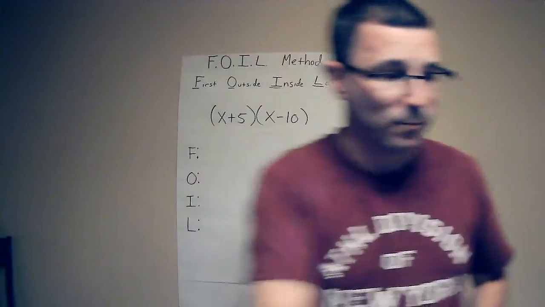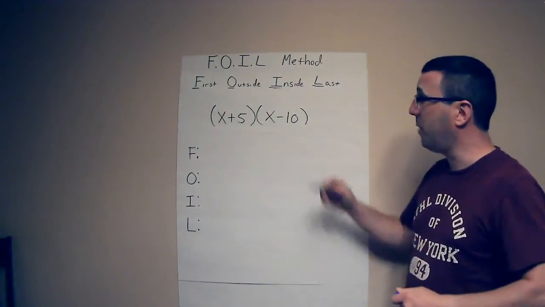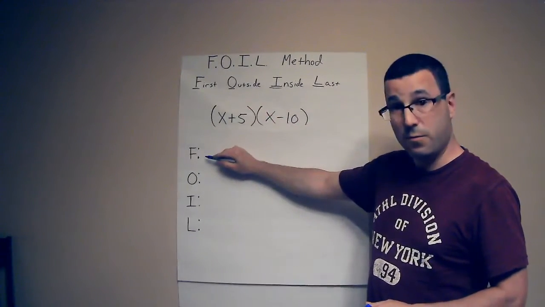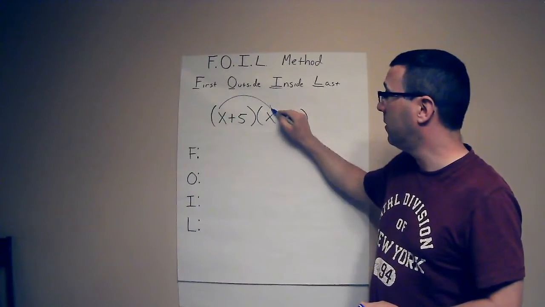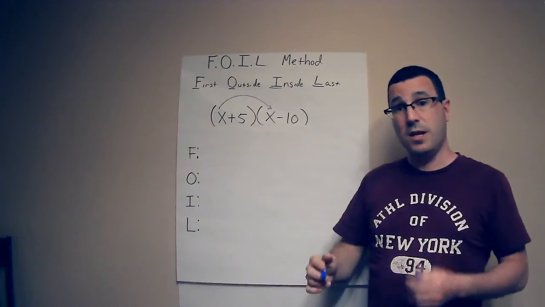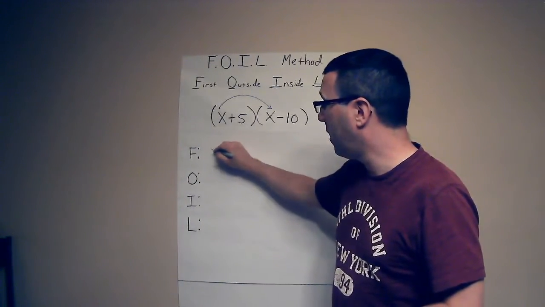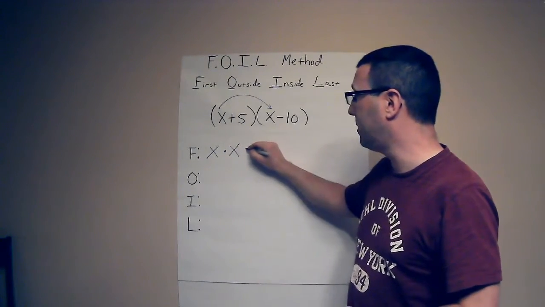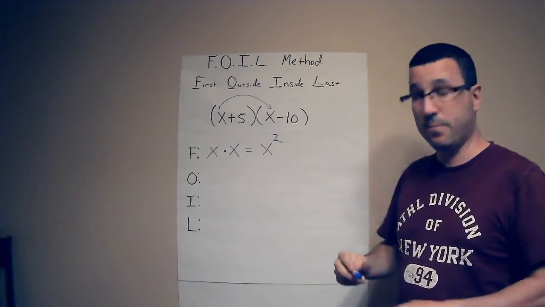So what I'm going to do, I'm going to grab a couple of different colors. And I'm going to take this x, and the first thing I'm going to do, I'm going to multiply the two first terms in each parentheses. So I'm going to do x times x, which is going to give us x squared.